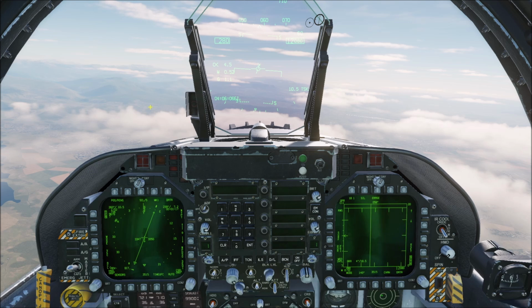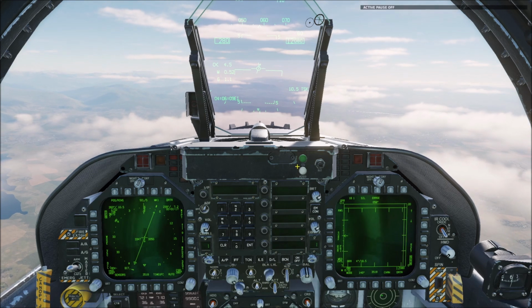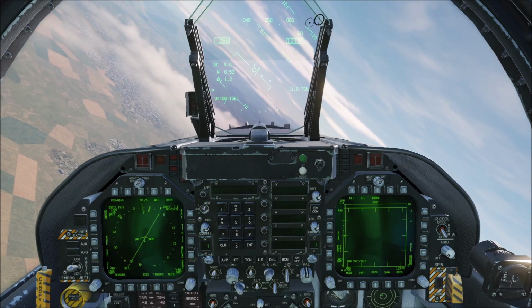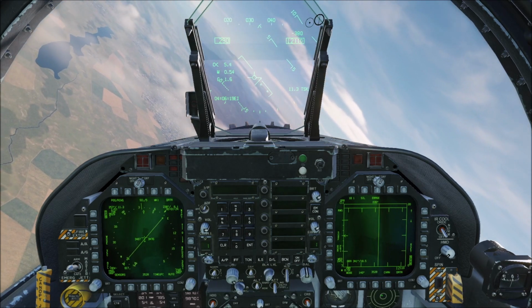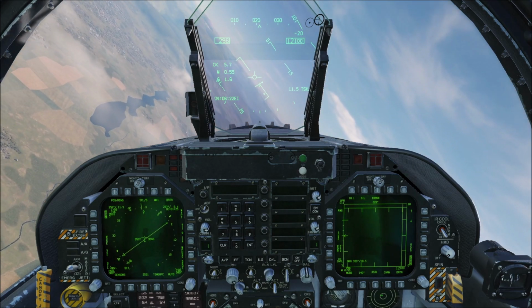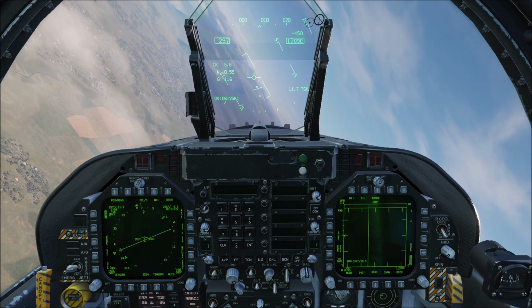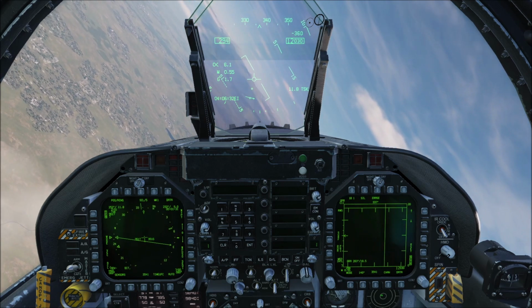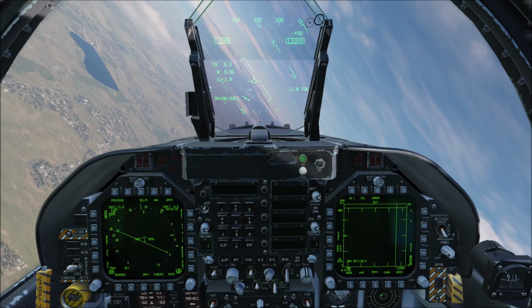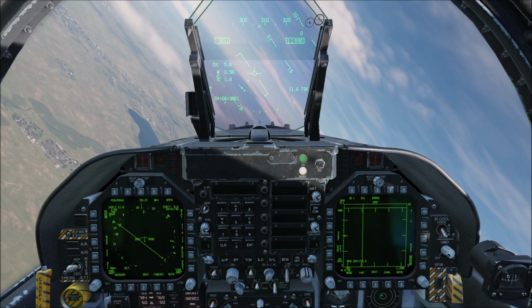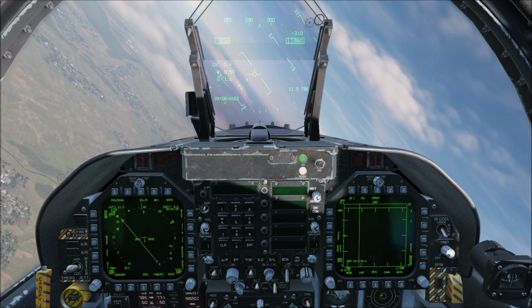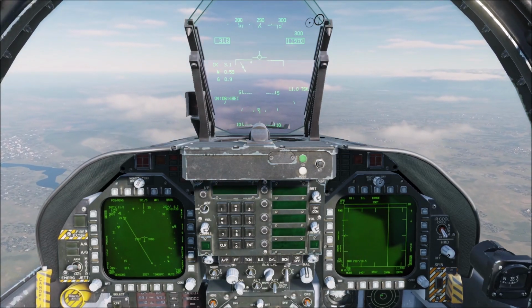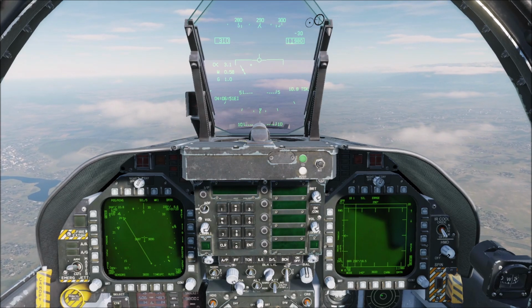So my solution was 290, left, disengaging active pause, turning left for 290. Rolling out on my heading solution.